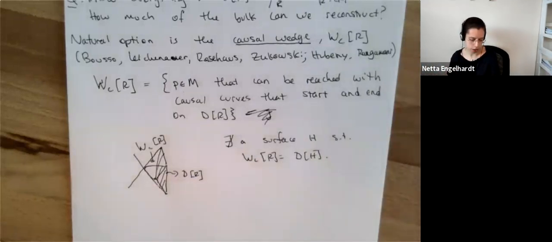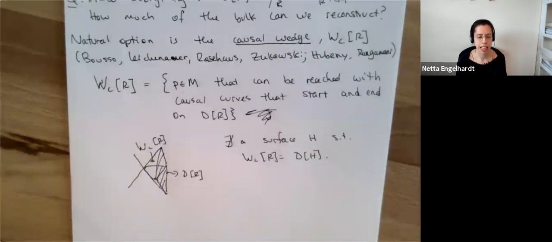All right. So if indeed this natural option were the correct option, it would be intuitive, but at the same time kind of boring. It would tell us that there's nothing more to AdS/CFT beyond the extrapolate dictionary, essentially. So the extrapolate dictionary tells us that if we have some bulk field and we take the limit as we go to the asymptotic boundary, then we can write that down in terms of a local operator in the dual CFT.